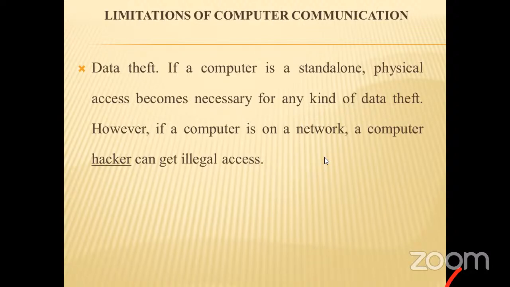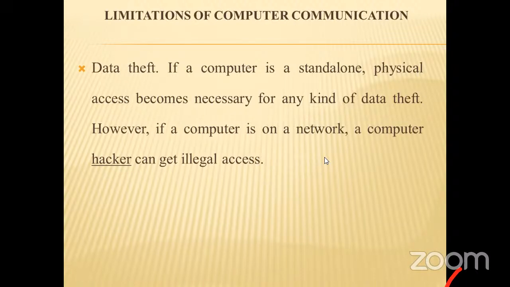And so if your computer is connected on the network, it will be very easy for that individual to access your data. So that's the first limitation of computer communication, that very many people have lost their data.